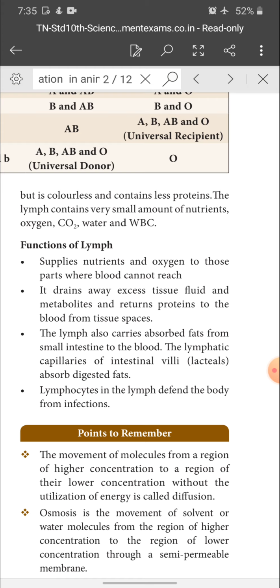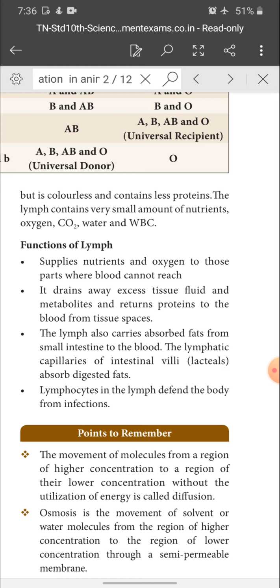Regarding blood circulation, we discussed the composition of blood, structure and working of heart, types of circulation, types of blood vessels, heartbeat, cardiac cycle, blood pressure, and the instruments to measure it, like the stethoscope and sphygmomanometer. We also discussed blood donation, how to transfuse blood to a recipient, Rh factors of the blood, and lastly the lymphatic system.